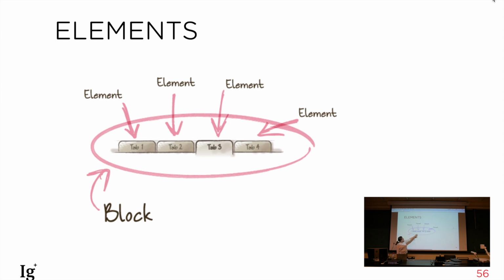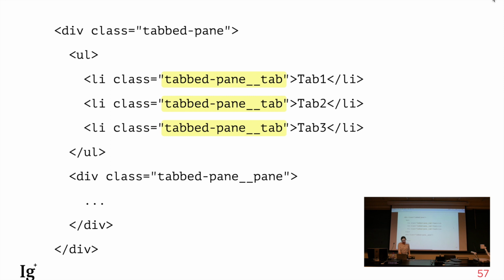Each tab here is an element, and together they make a block. Again, in HTML it is marked with some CSS class. So here you can see it is tabbed-pane__tab. Look at the first line, it is all inside that pane block.